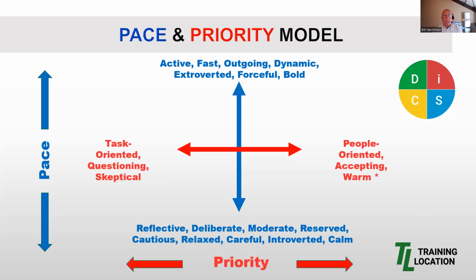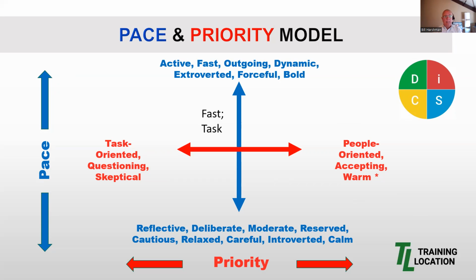The horizontal axis represents priority, and we see those descriptors at the left and the right side of that priority spectrum. As we look at this simple grid, we can begin to make the unique pace and priority pairings into each quadrant as follows.